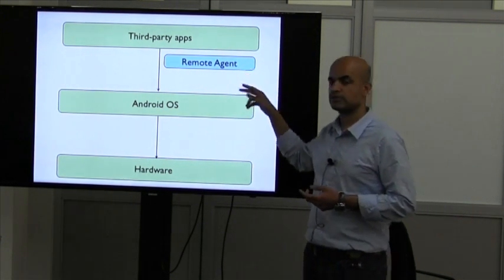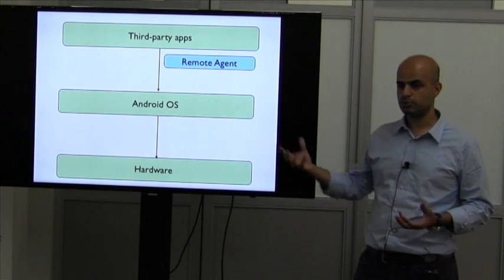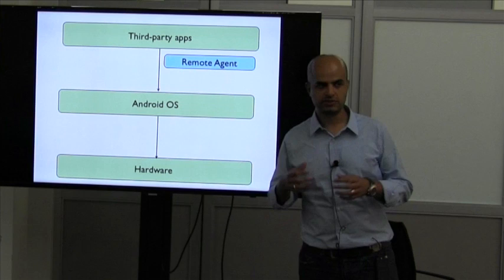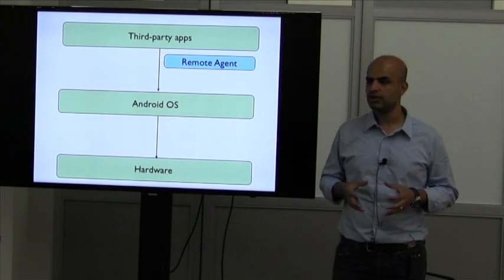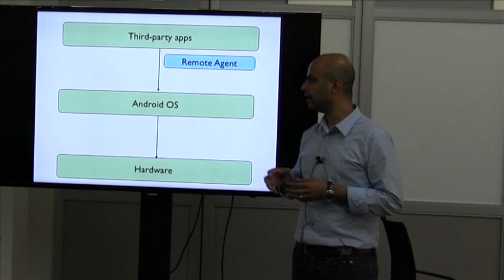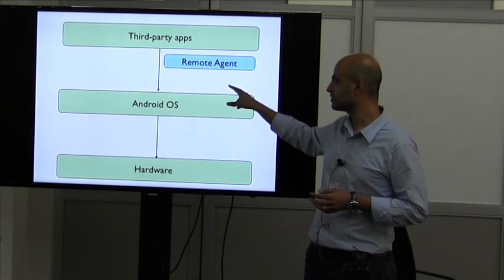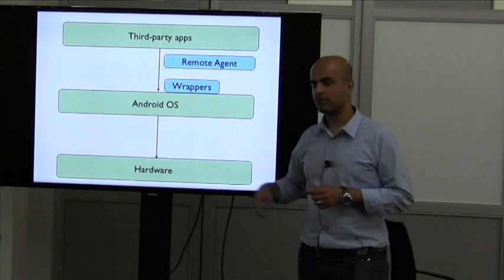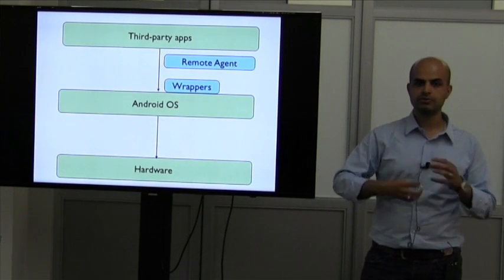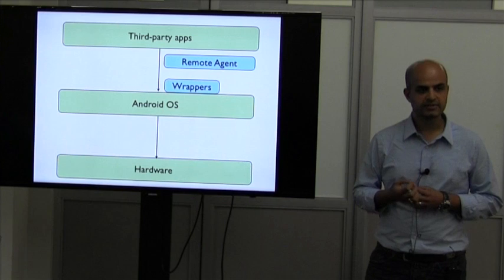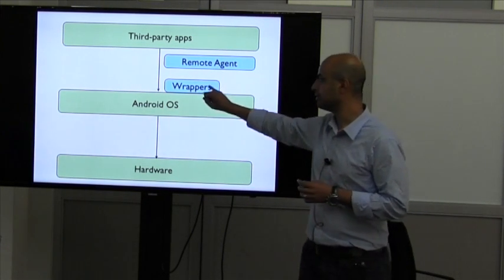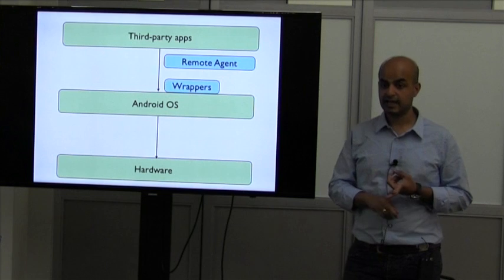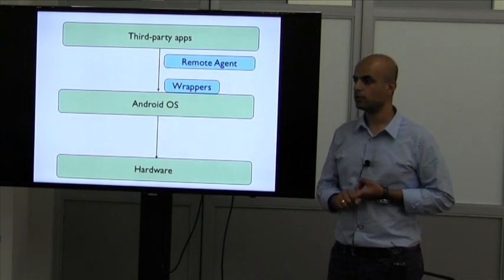So what we did was come up with this remote agent, which we talked about, which was a separate Android application that would sit on the tablet and then talk to these custom wrappers. These are the wrappers that we built around the Android OS, and they would allow us to do things like silent install and setting the default launcher.